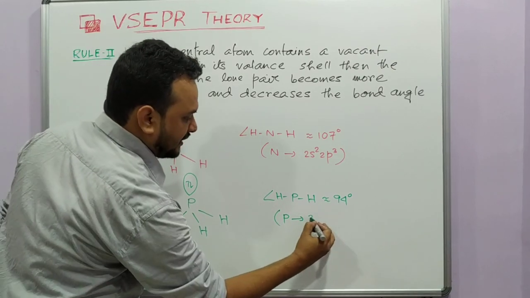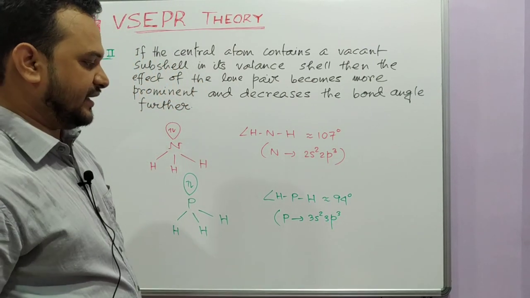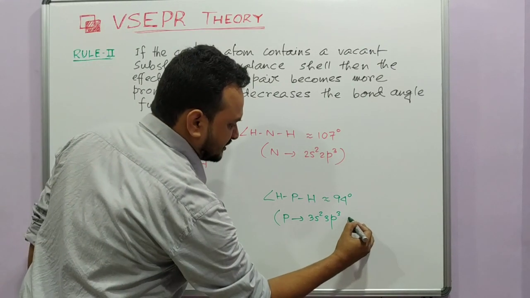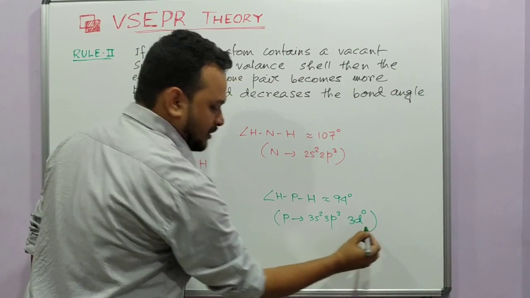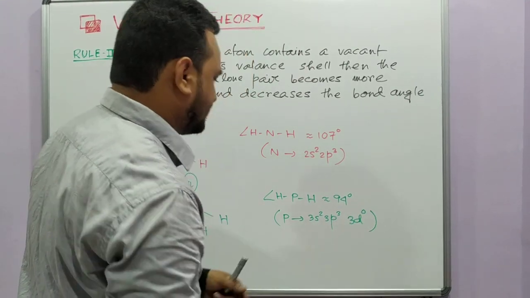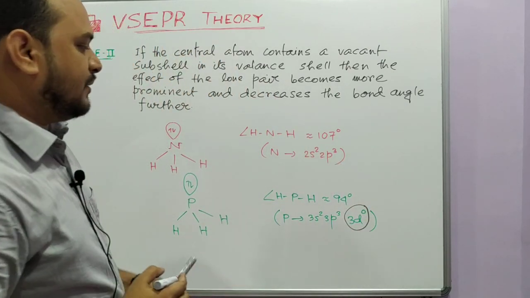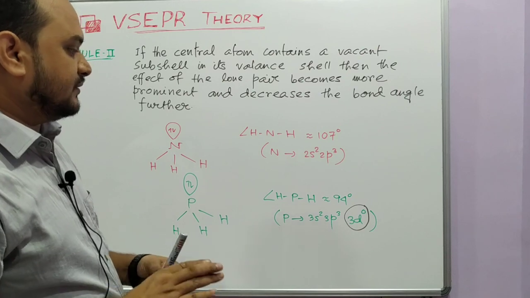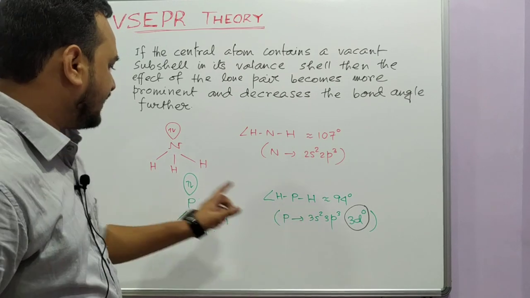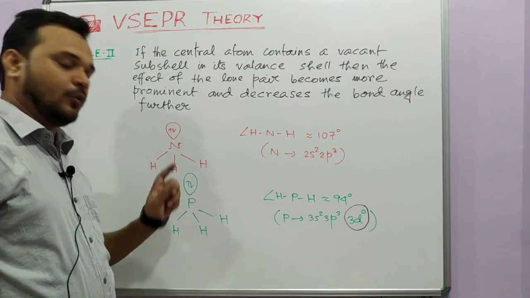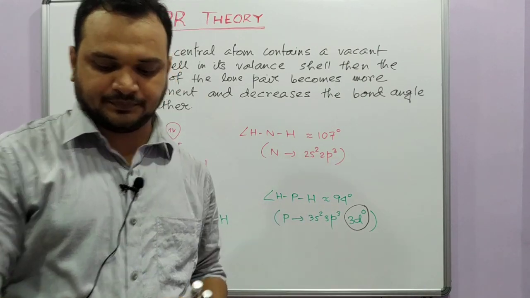The valence shell is 3s2 3p3. But in the third shell, n equals 3, there is one more subshell, that is 3d, and there is no electron in the 3d, so 3d0. So this is the vacant subshell present in the valence shell of phosphorus. And because of that, the effect of this lone pair becomes much more prominent and decreases the angle further to 94 degree.